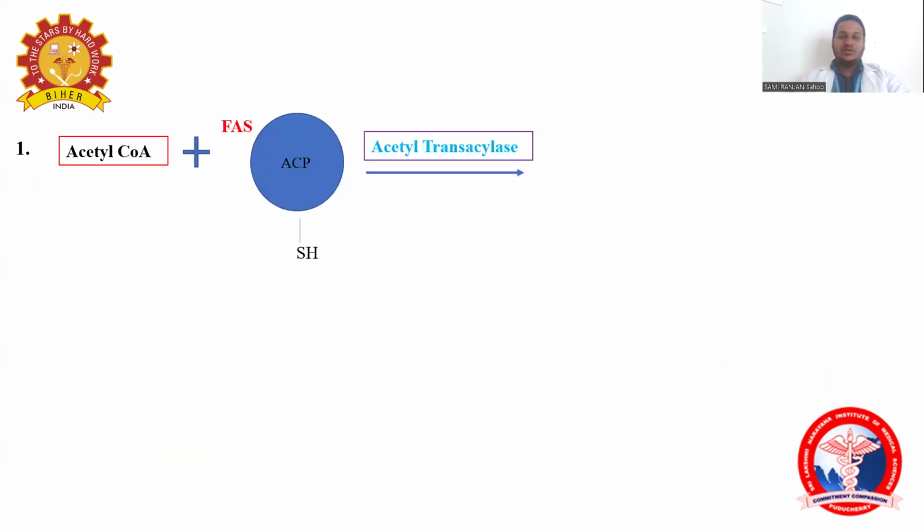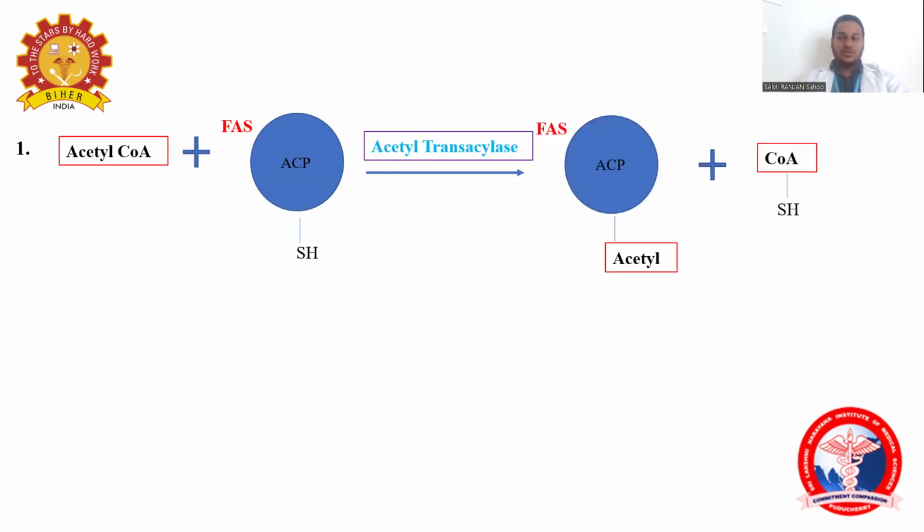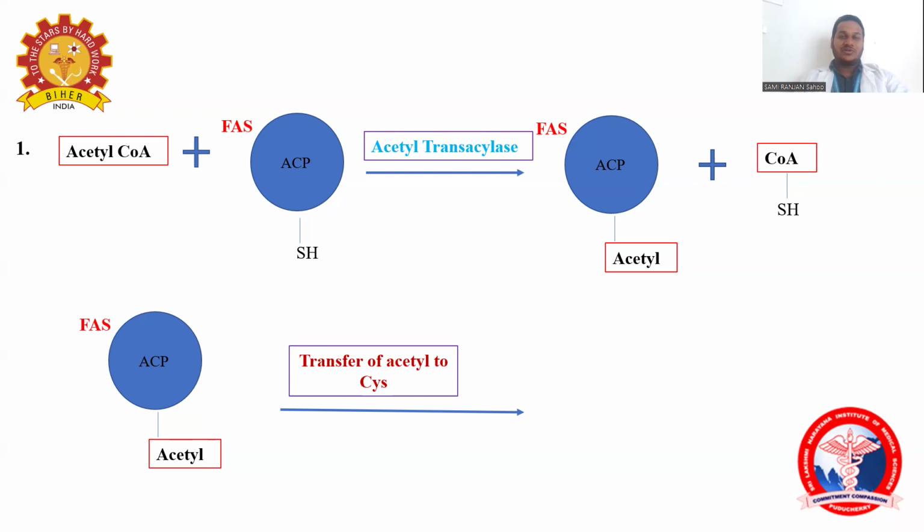First, acetyl CoA combines with ACP with the help of acyl transacylase to form acetyl ACP, with CoASH coming out. Then acetyl is transferred to cysteine, an amino acid, forming ketoacyl synthase cysteine along with acetyl.